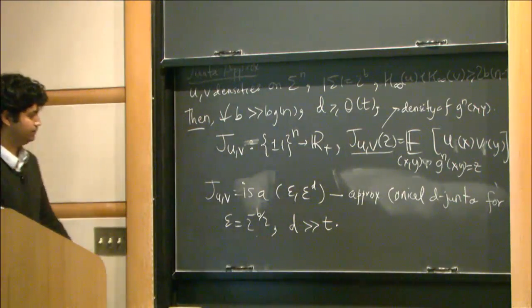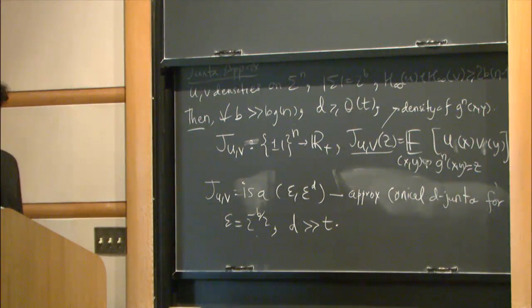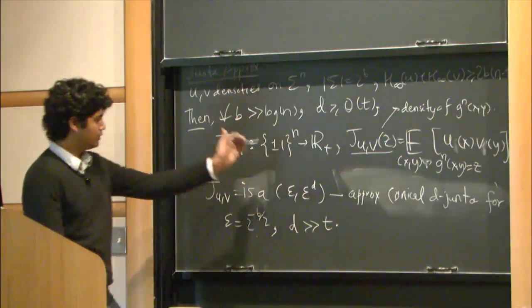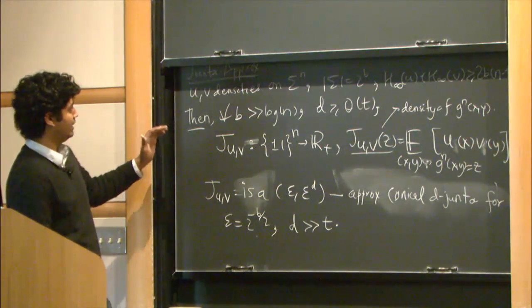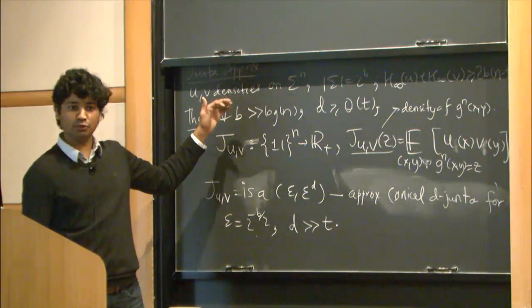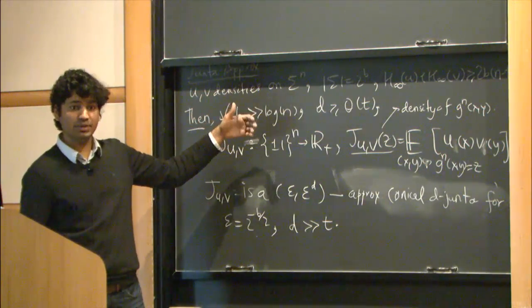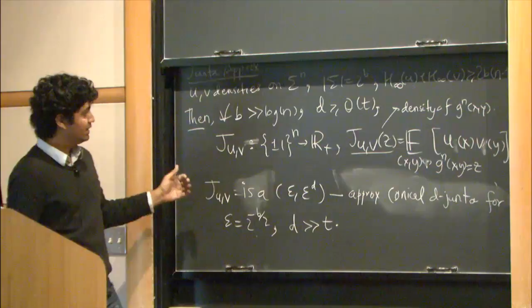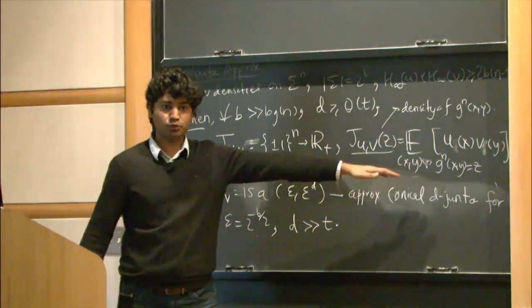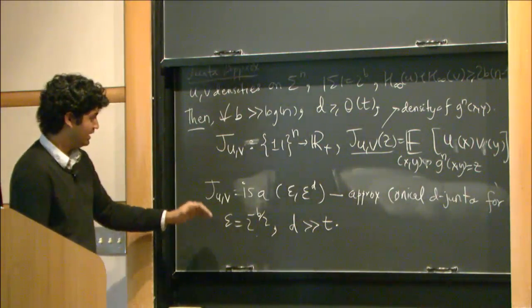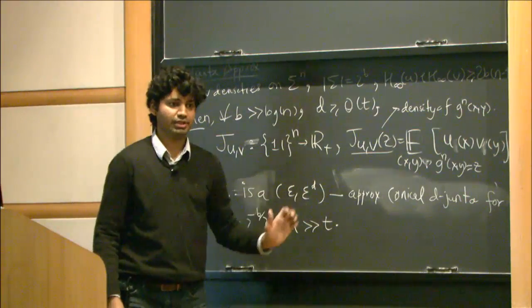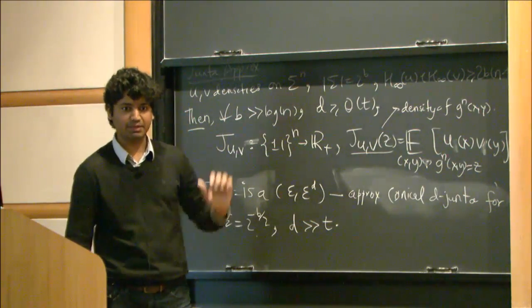So basically what this is saying is that if I have u and v distributions that correspond to large rectangles, meaning that the densities correspond to distributions with high min entropy, then the density function g to the n applied to x y is approximately a conical d junta. Okay, and the approximate is in the sense that we defined earlier.